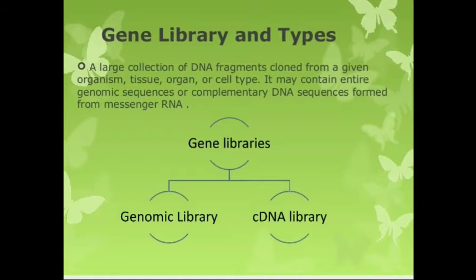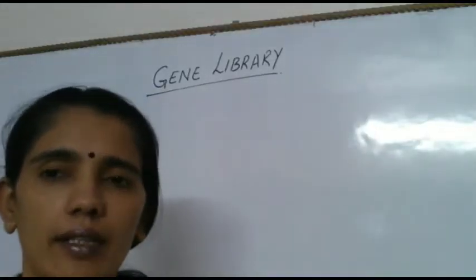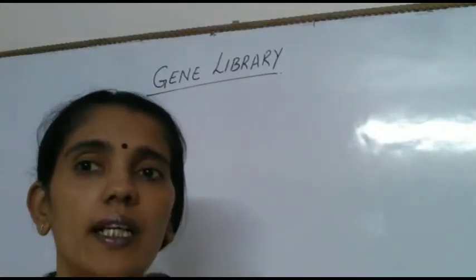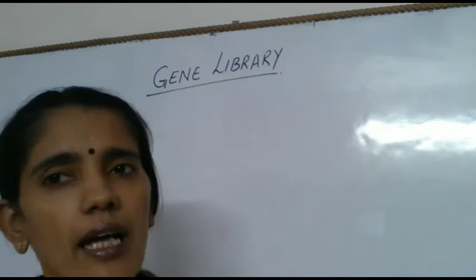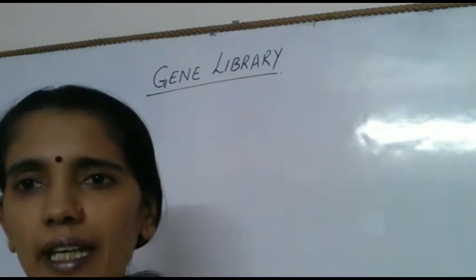A gene library may be a genome library or cDNA, that is complementary DNA. In a gene library, the word library means it should be a collection, and gene obviously means DNA.